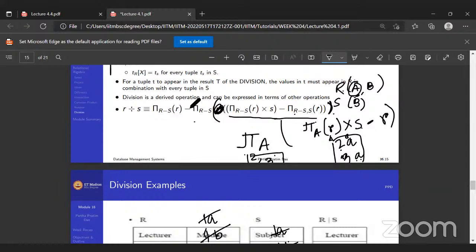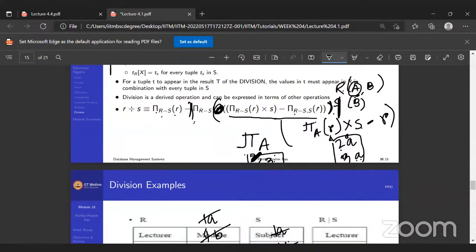Up to this expression we get 2 and 3. After that, you can see these are the disqualified values, the student IDs who do not take all the courses.